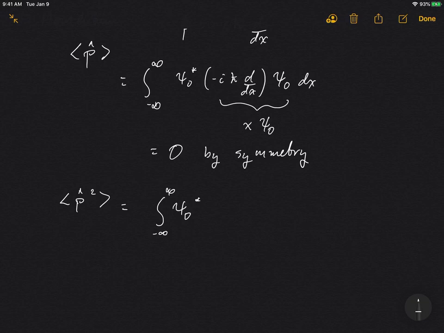We certainly will get into more complex wave functions in the rigid rotor, so we don't want to drop that. And our momentum squared operator is minus h bar squared d squared dx squared.